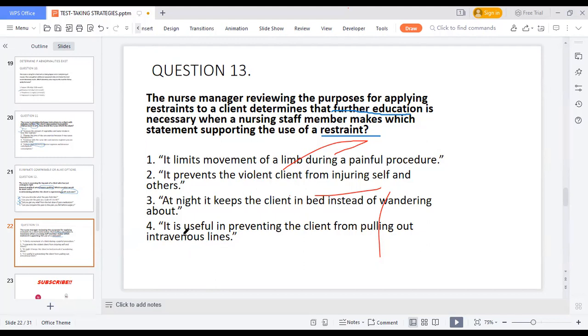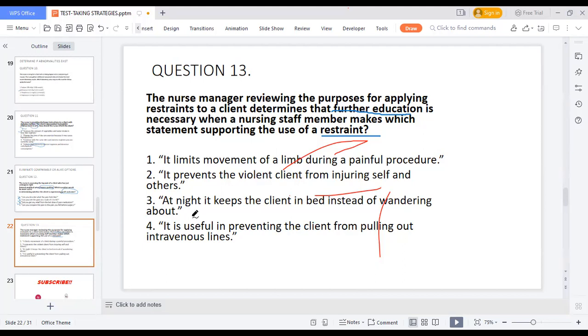Now, for you to know that restraints are not applied just unnecessarily because you think you should apply. Restraints are actually ordered, they are prescribed only in situations that they are necessary, like when you deduce that the clients can cause harm to self or others. That is when you can apply restraint.